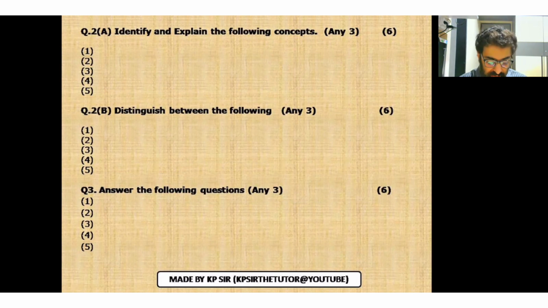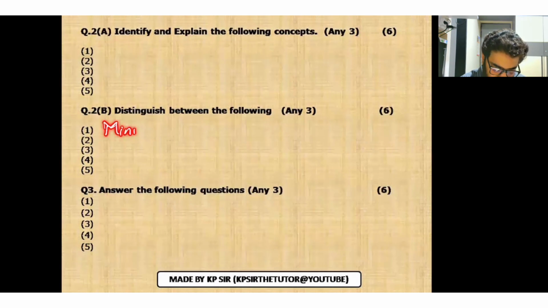Okay. Distinction between the following. Now, please remember, while solving the distinction part, you have to provide a minimum of 2 points. Minimum 2 points to be written. Okay.